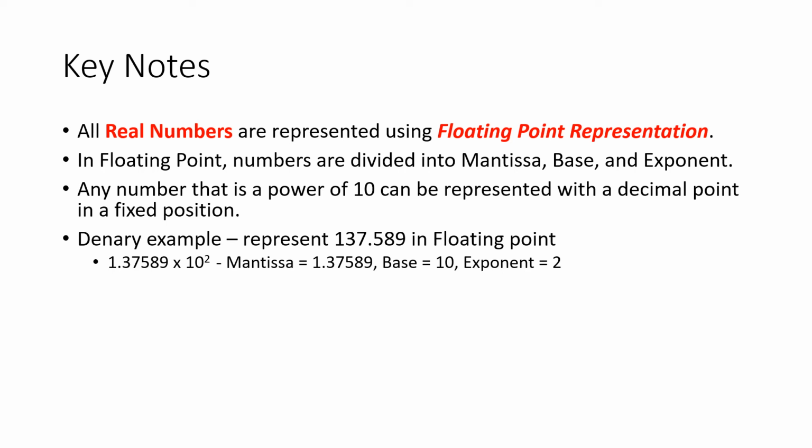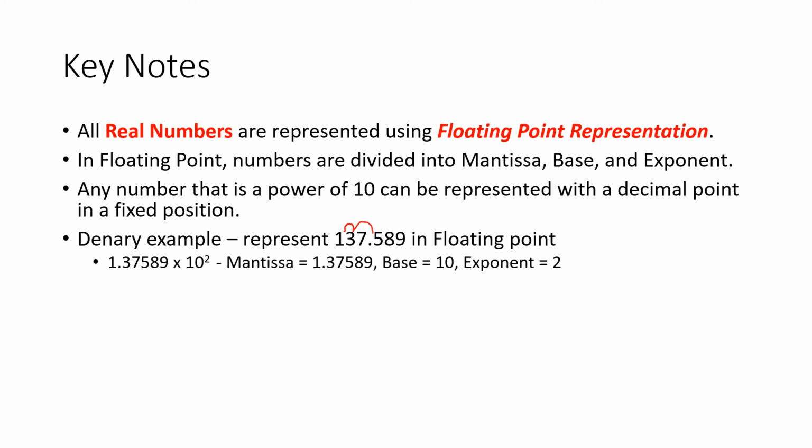So we'll have a wee look at a denary example. The kind of question you may get is represent 1.37.589 in floating point. If we put that into the correct format, we want to get the 1 before the decimal point. So we'll shift that over, and we would get 1.37589 times 10 to the 2 because we've moved it 2 places.